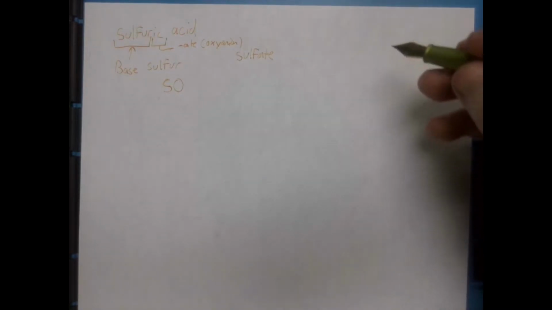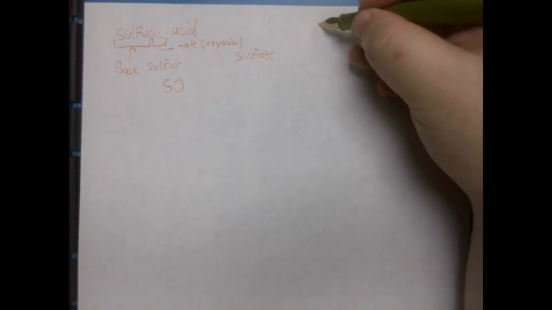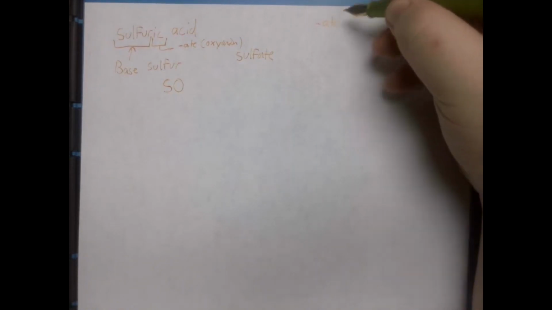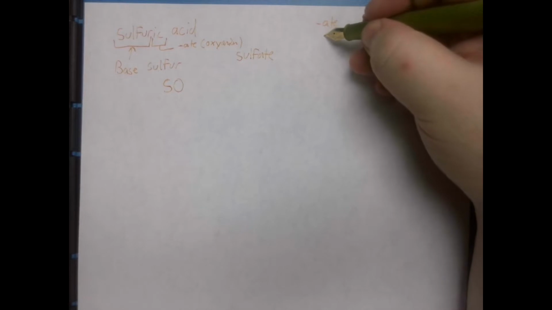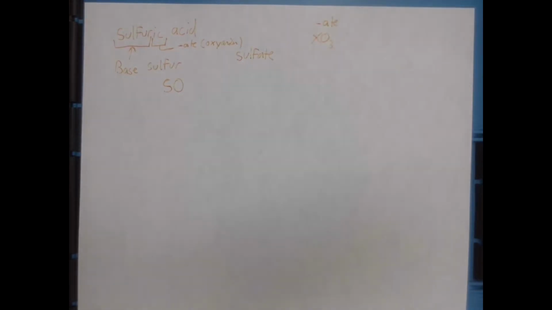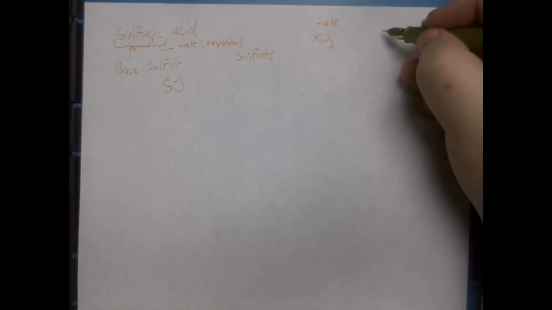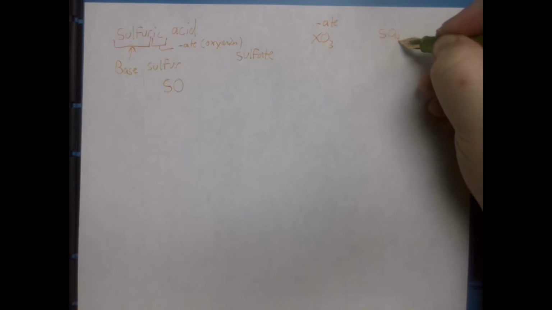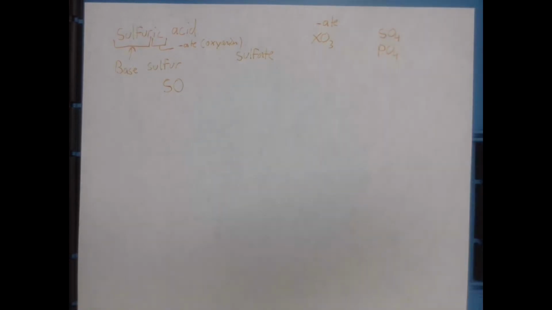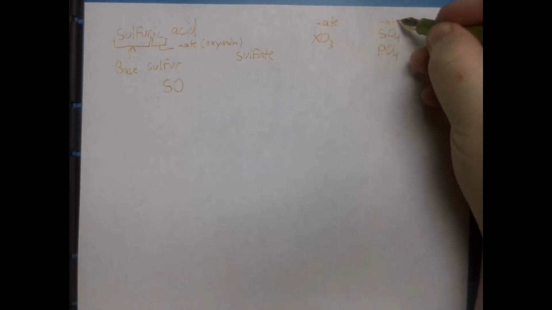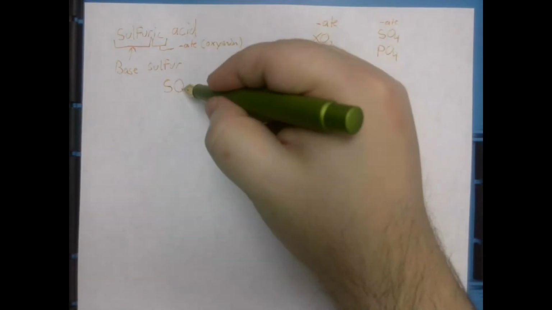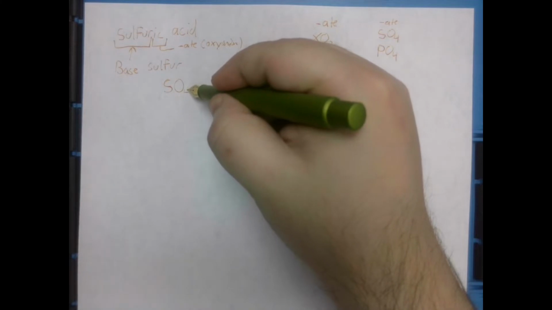A nice way to remember this is all the -ates, all the common ones, are in this form, XO3, with the exception of 2, SO4 and PO4. So this is the exception, and so it has a number of oxygens of 4.